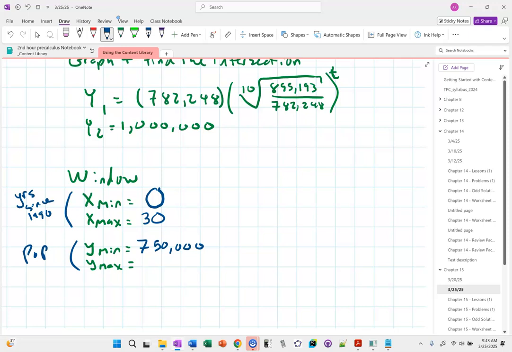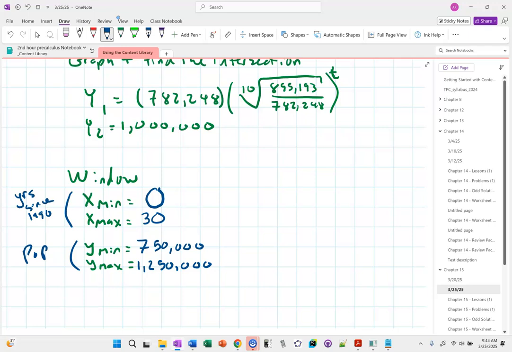Now the y max has to be bigger than 1 million because I need to see the intersection. So I'll just pick like 1.25 million. It doesn't really matter. It just needs to be bigger than the 1 million that I'm trying to find.